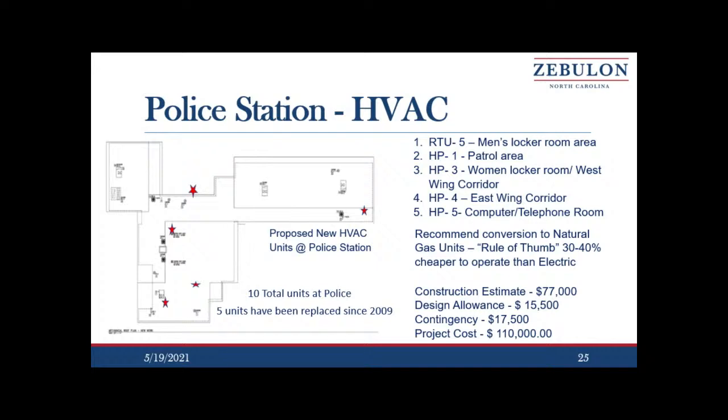We don't have to go back and upsize a distribution line through the facility. The construction estimate is $77,000. Design allowance $15,500. Contingency at 20% due to the uncertainty in the market, with a total project cost of $110,000.